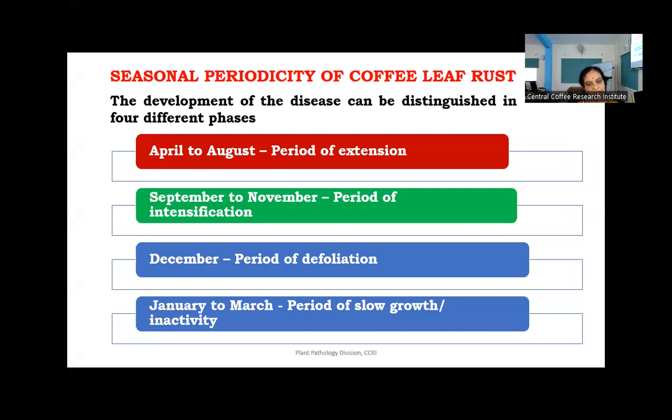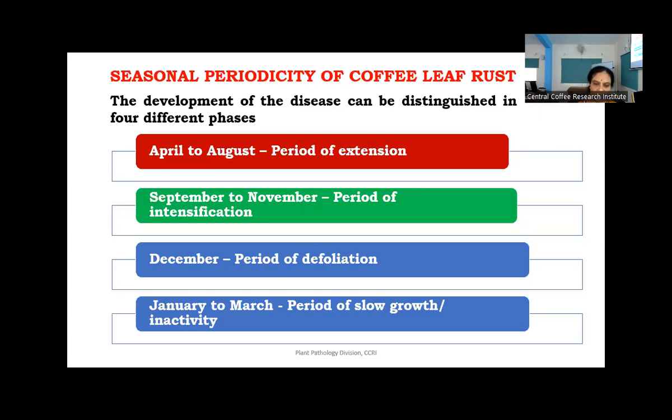The present condition, April to August, is the period of extension. September to November is the period of intensification. Normally in December, we see defoliation, and January to March is inactivity.